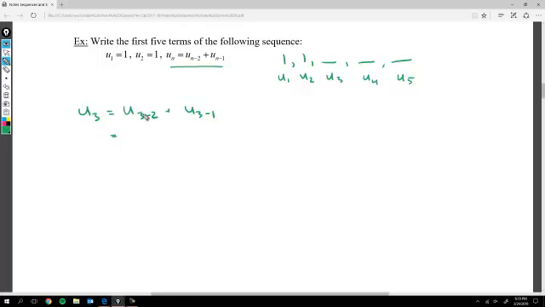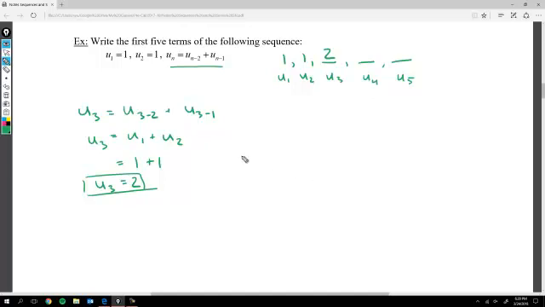Right, well, we just have to do a little bit of arithmetic. So 3 minus 2 is 1, and 3 minus 1 is 2. So what this is telling me is that if I want to find the third term, I have to add the first and the second terms together, which is good because I know what those are. It's 1 plus 1. So my third term is 2. It's the sum of my 2 previous terms. That's what this is telling me.